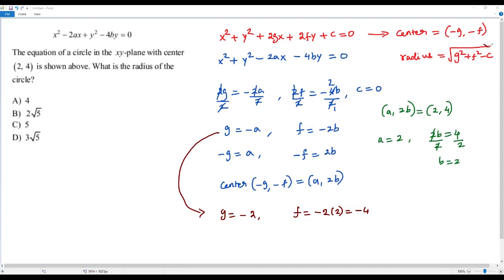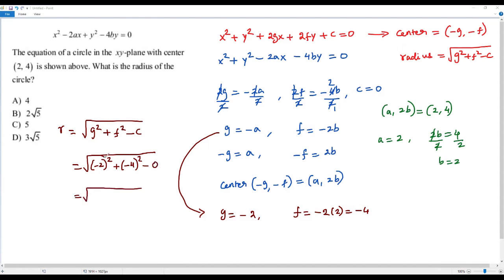Now using this formula, we can get the radius of the circle. The radius equals the square root of g² + f² − c. The value of g is −2, so we plug in (−2)². For f, we have −4, that is (−4)², minus c, and the value of c is 0, so we plug in 0 for c.